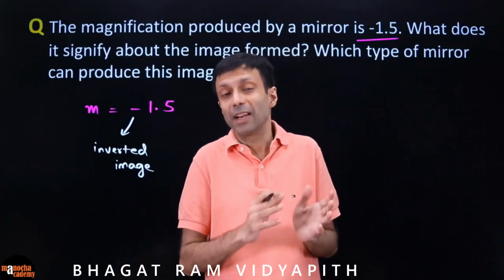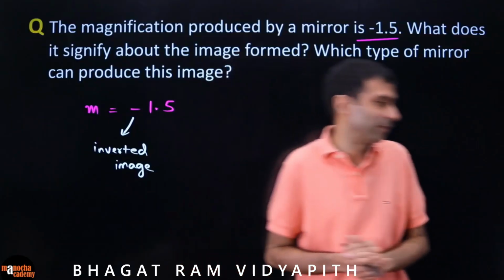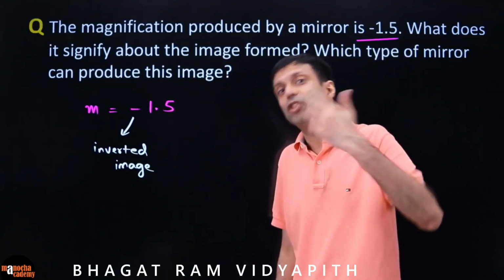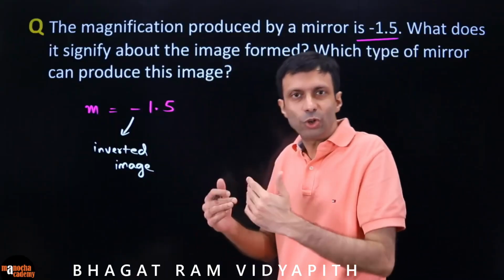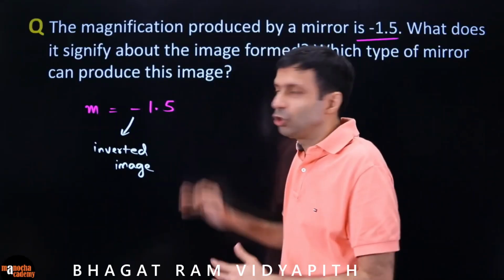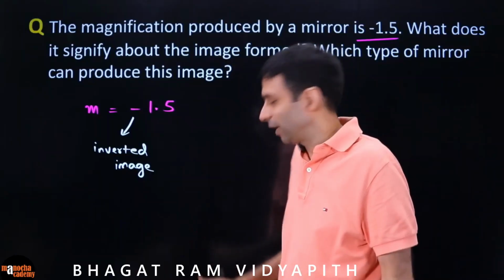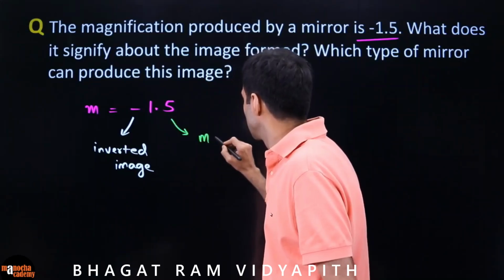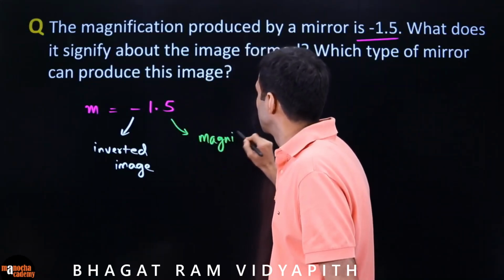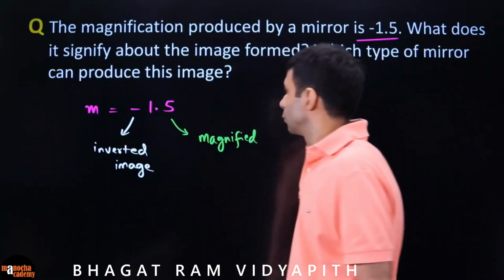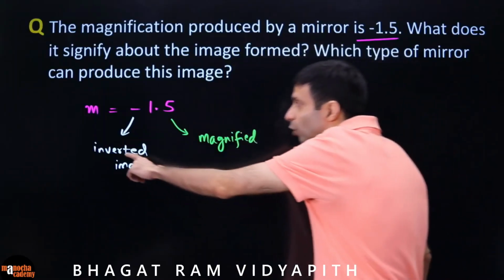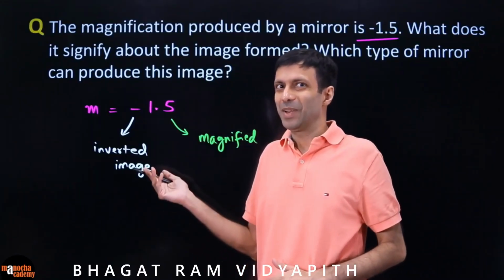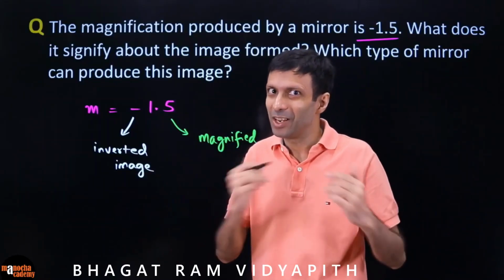What do you guys think? Clearly it's bigger than 1. The ratio is bigger than 1. That means image is bigger than the object because it is a ratio, right? Image by object. So if that ratio number is bigger than 1, clearly it is magnified. So we can clearly say it's a magnified image. Because it is inverted, what type will it be? Real or virtual? Inverted means the right answer is it will be a real image.